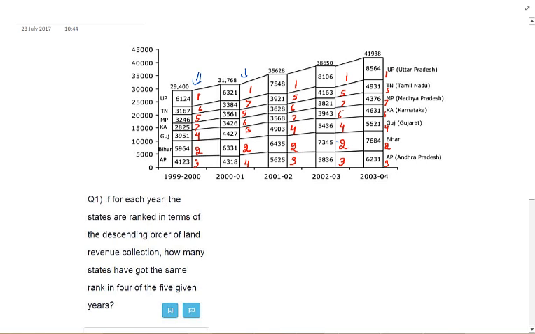But now that we have done this ranking, by looking at it you can very easily see that Andhra Pradesh has the same ranking in 4 years, and Gujarat has the same ranking in 4 years, while Bihar and UP have the same ranking in all 5 years.